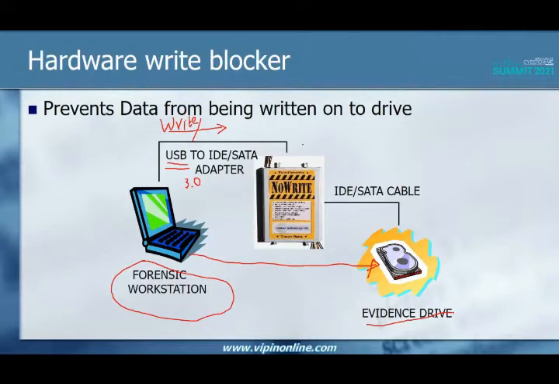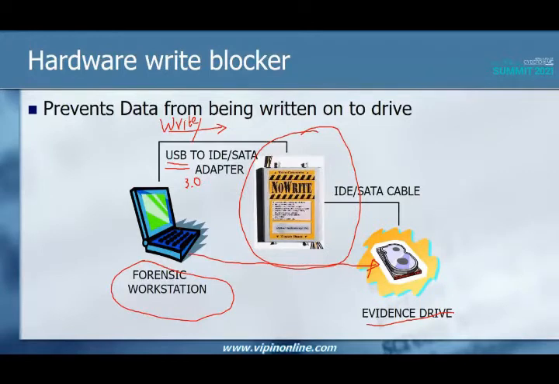If anyone is interested in microcontrollers, microprocessors, and system level programming, they might know about these things. Interrupt 13H is necessary for writing to a hard disk, so this hardware blocks interrupt 13H. Nothing on the evidence drive will change, but we can read from the hard disk and collect the entire evidence.